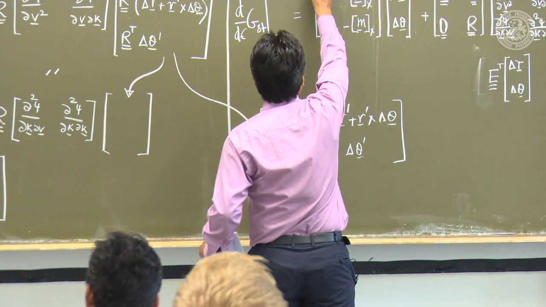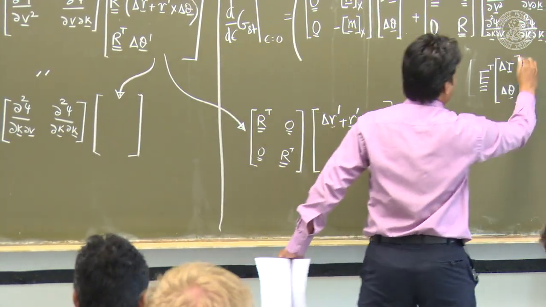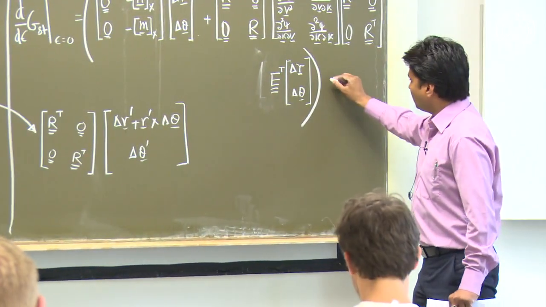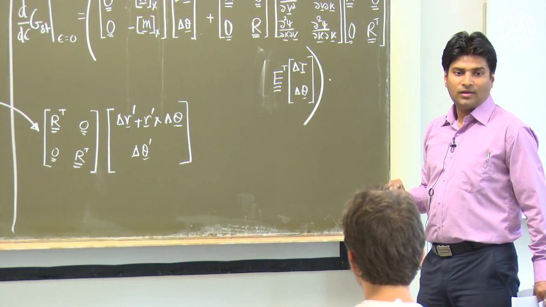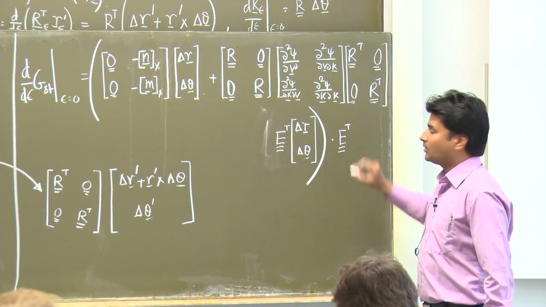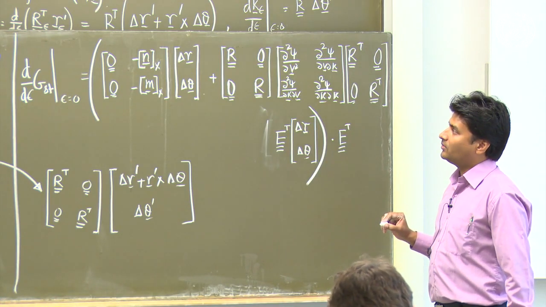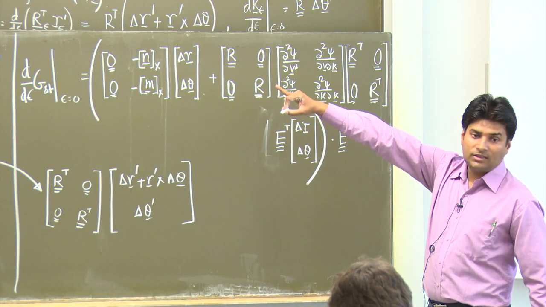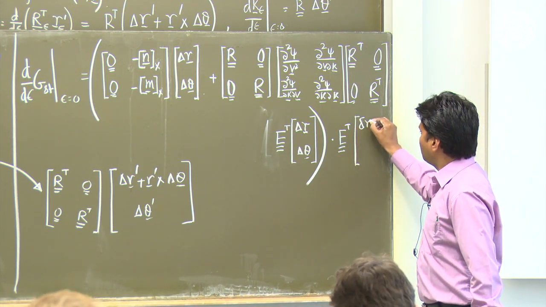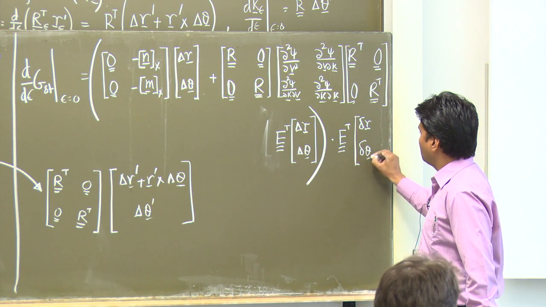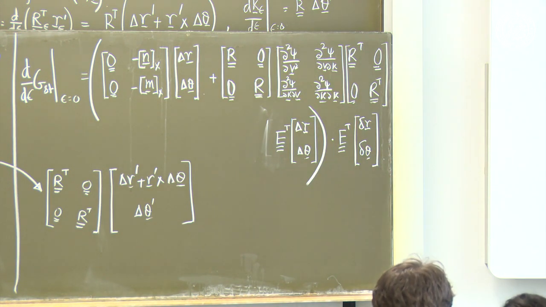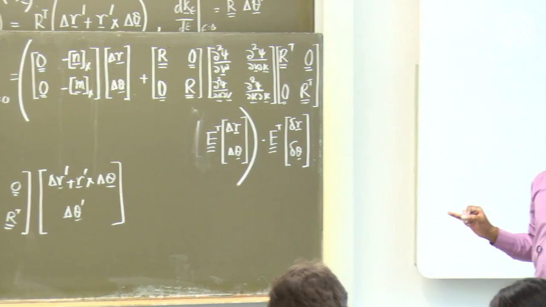So this whole thing is then dotted with E transpose times del R del theta. Isn't it? Quite simple.